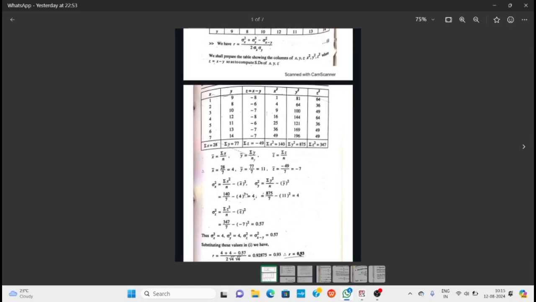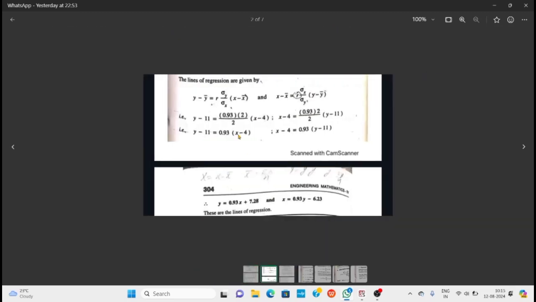By substituting these values in the formula r is equal to sigma square x plus sigma square y minus sigma square (x minus y) divided by 2 sigma x sigma y, we get the r value, which is 0.93.